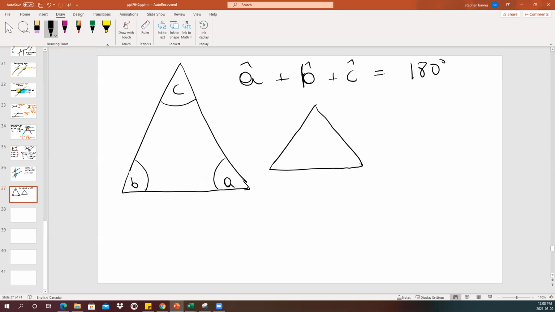However, if you have a triangle, let me call this D, E, and F, that has all sides equal, and it is usually denoted by those little strokes through the sides to show what sides are equal. In this case, you have a stroke through all the sides, so it means that all the sides are equal. It's an equilateral triangle.